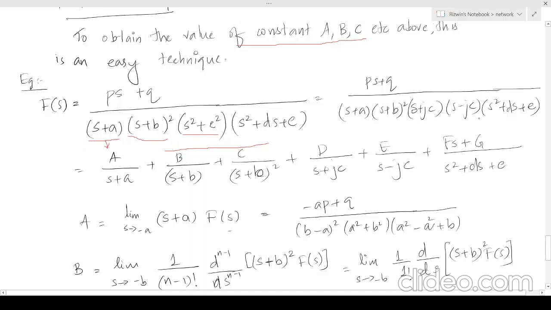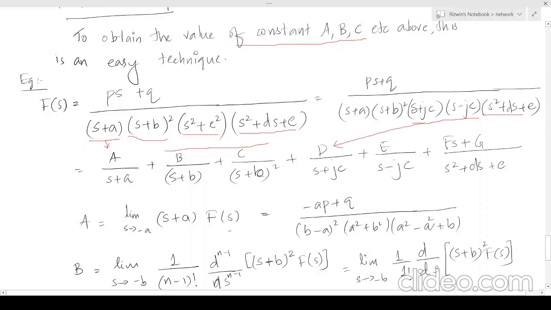So I have split the single term s square plus c square into (s plus jc) into (s minus jc). Now we have another quadratic equation which doesn't have any real roots, so we kept it as is.